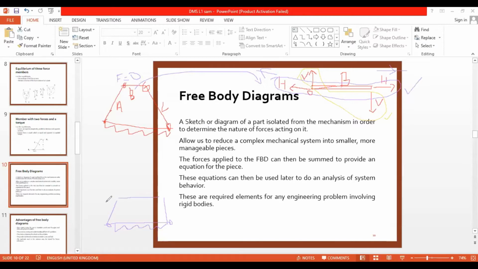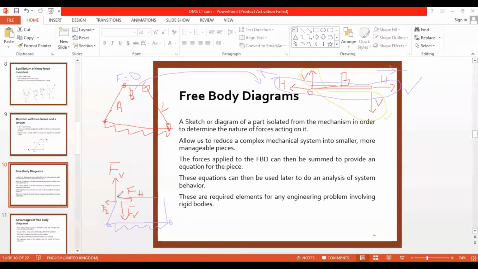For this one, I will arbitrarily put this as F horizontal and this as F vertical. In this link, this is F horizontal and this is F vertical. In this link, this would be F vertical and this would be F horizontal.